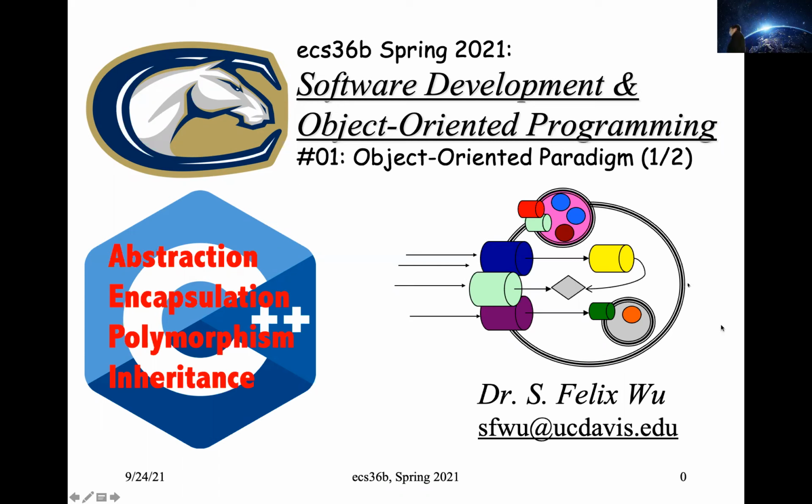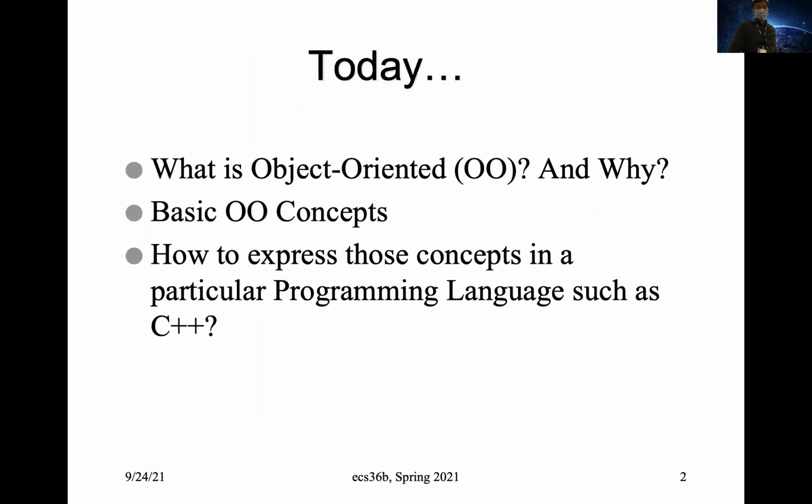Okay, so this is my first technical chapter. By the way, all the slides will be online, so you can download them later. Today I'm going to talk about 3 things. In fact, I'm going to talk about these 3 things for a whole quarter.